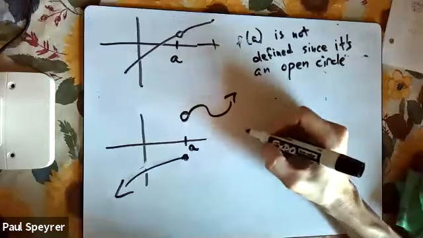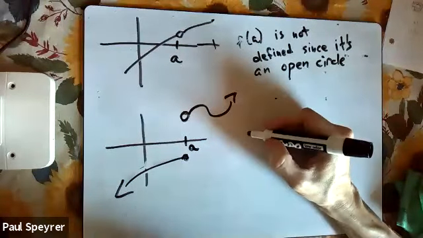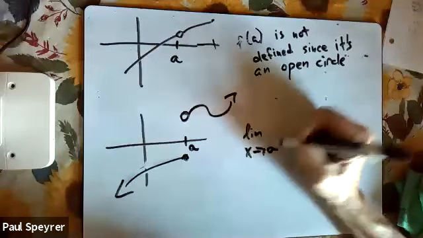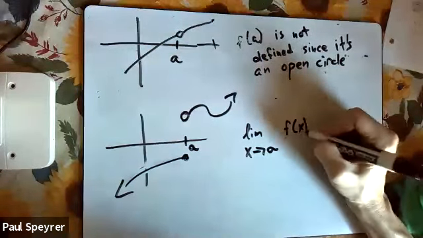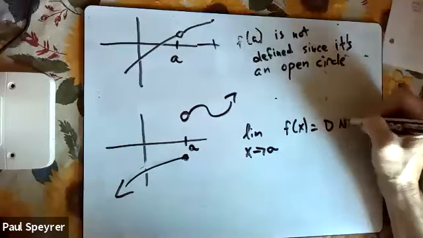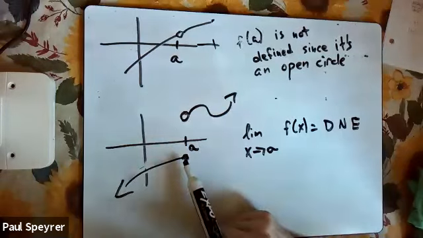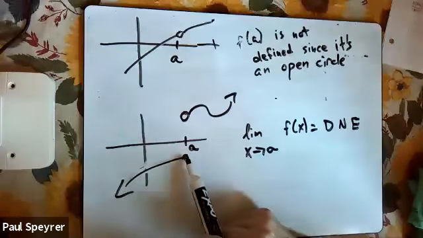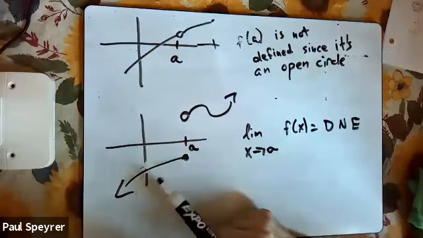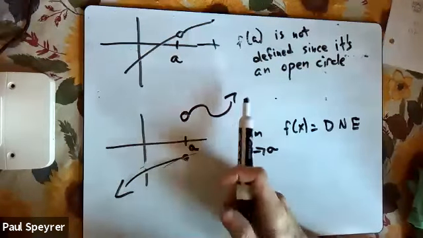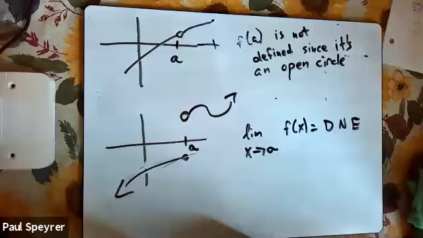But in this case right here, the limit as x approaches a does not exist. Why not? Remember, in order for a limit to exist, what must be true? That as you approach that particular value a from the left side and the right side, they home in on the same y value.